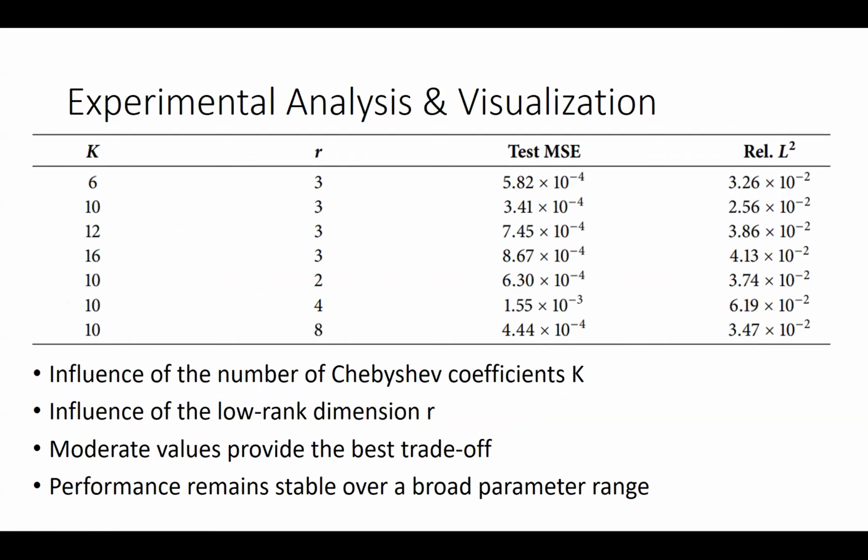Another question for newly deployed architectures is hyperparameter sensitivity, of course. Our model introduces two hyperparameters relative to standard DeepONet, the number of Chebyshev polynomial coefficients K, and the rank R of our low-rank branch. The table summarizes the sensitivity of our model.